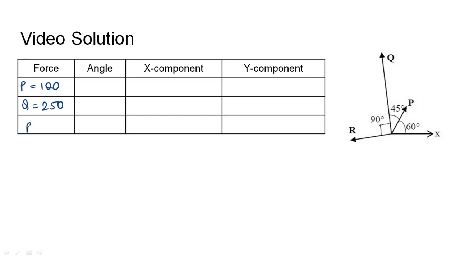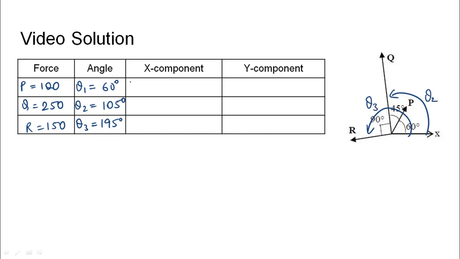The third is R, whose magnitude is 150. The angles given are theta1, which is 60 degrees. Theta2 can be found: it is 60 plus 45, that would be 105 degrees. And theta3 would be 195 degrees, measured from the positive x-axis.